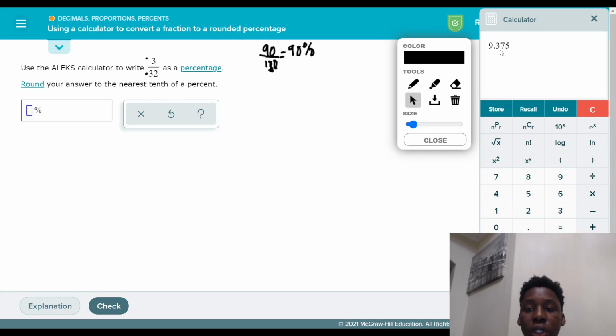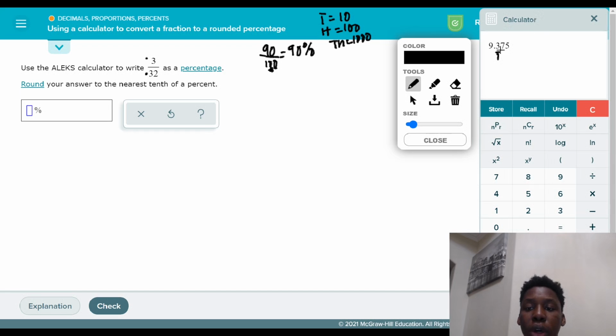What this means is we're going to look at the numbers behind the decimal point and ask ourselves which one is the tenth. Tenth means 10, hundred means 100, thousand means 1000.